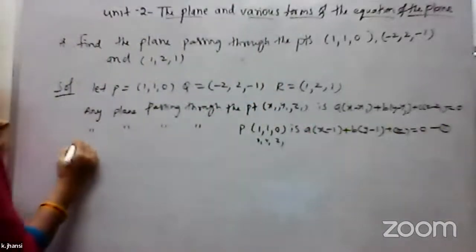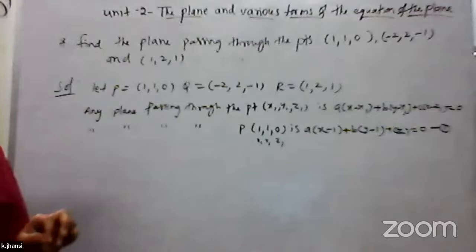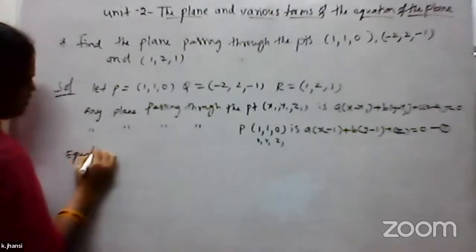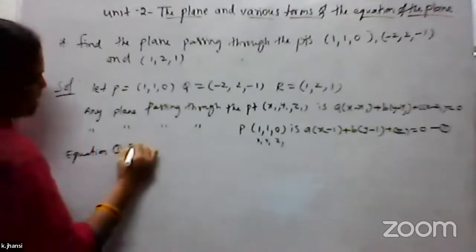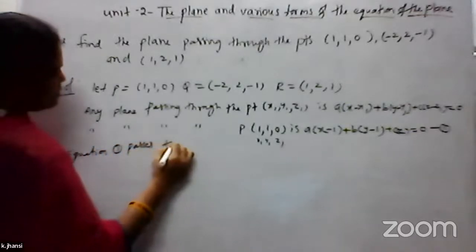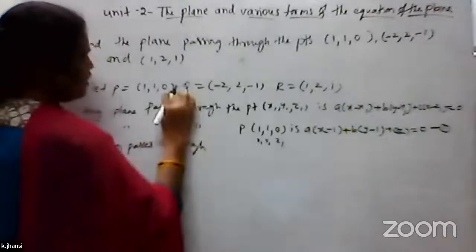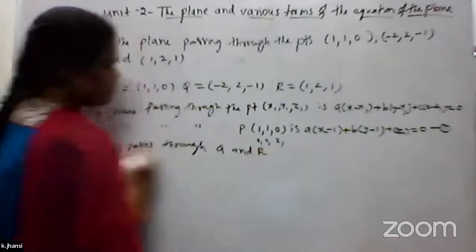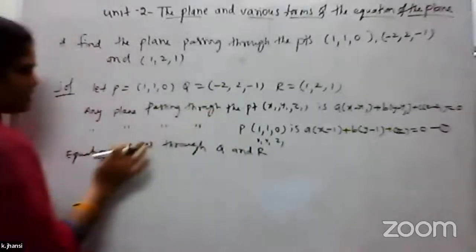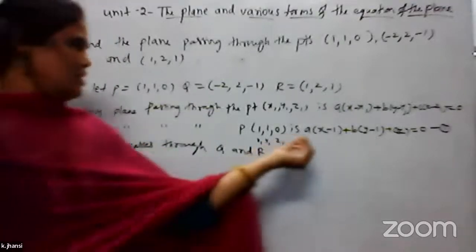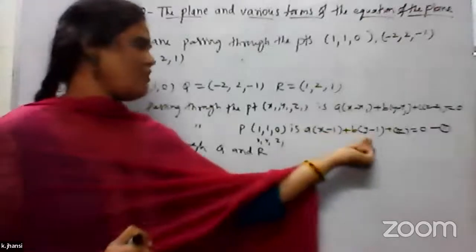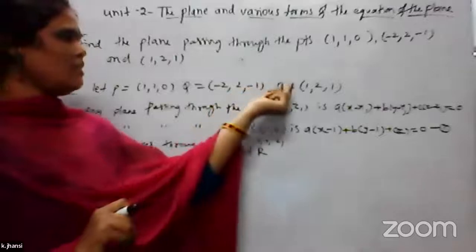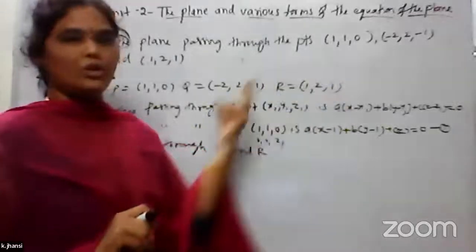Next, equation 1 passes through Q and R. So in place of x, y, z, you substitute the Q value, that is -2, 2, -1, and after that 1, 2, 1. You will get two equations.